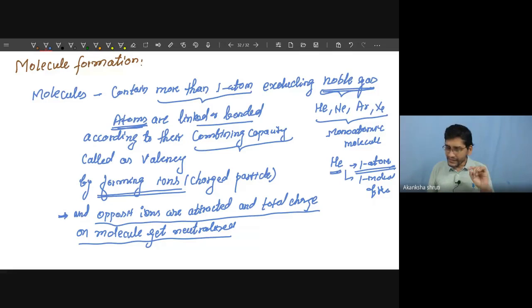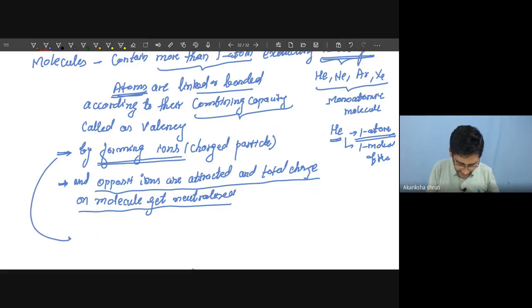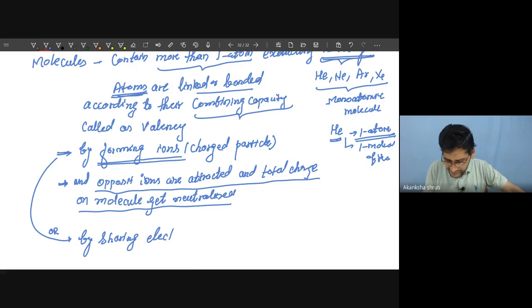Now there is another way of combining. Forming ions is one thing, or there is an 'or' condition: we will learn more in class 10th, by sharing electrons. What is this sharing of electrons?